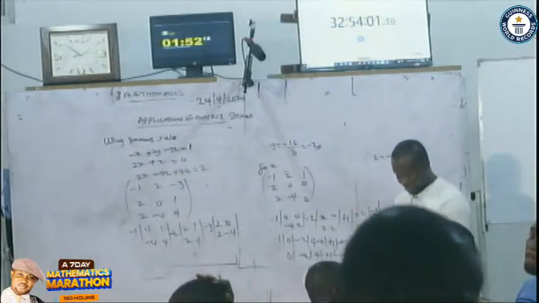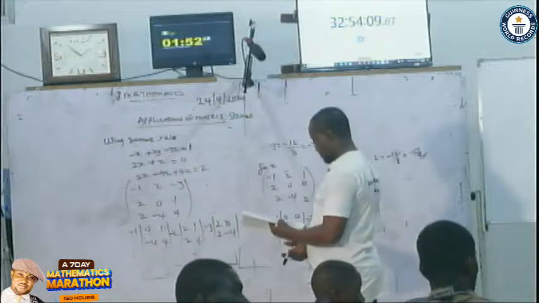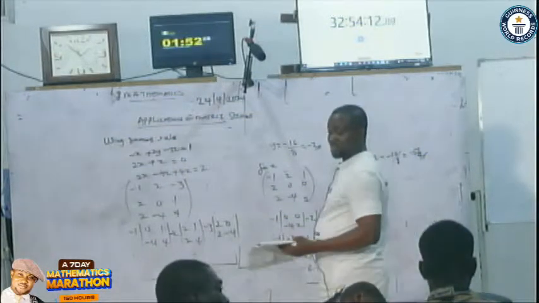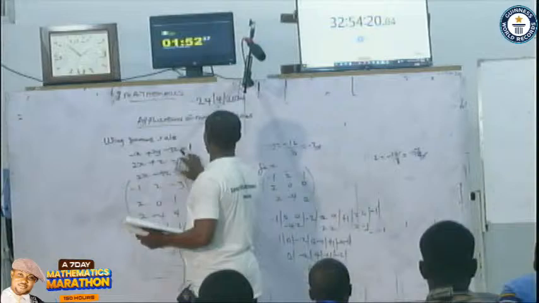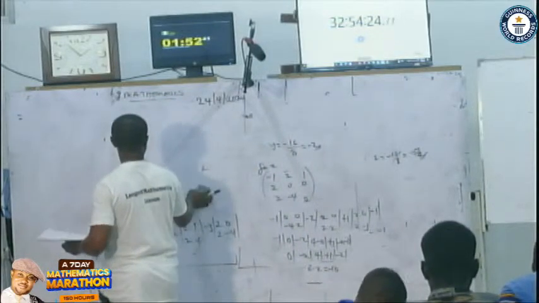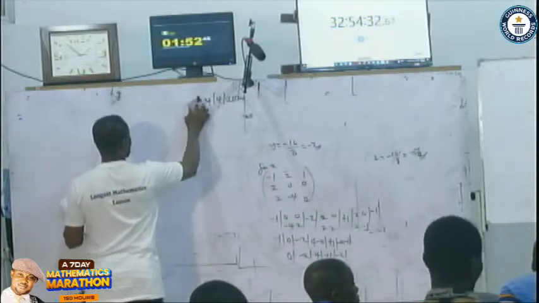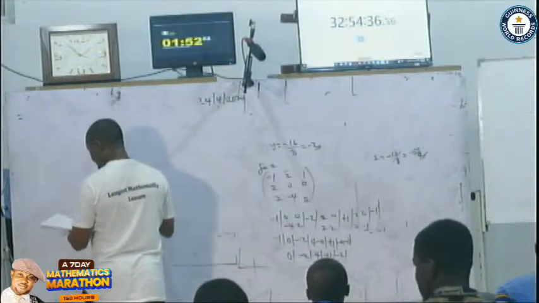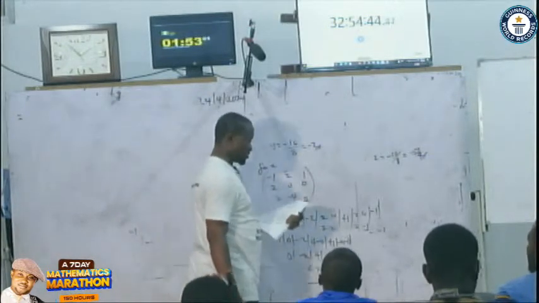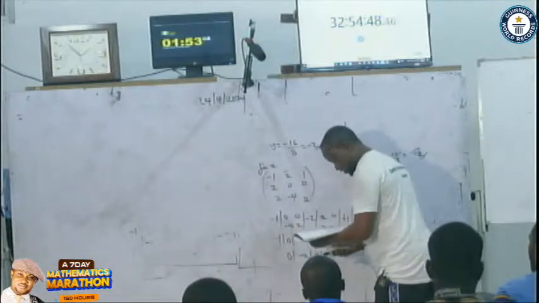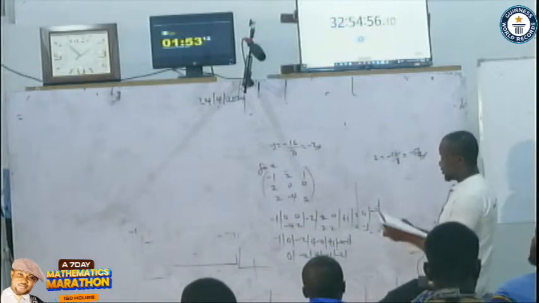They say the nth term of a sequence is given by Tn equals 3 times 2 to the power of n minus 2.